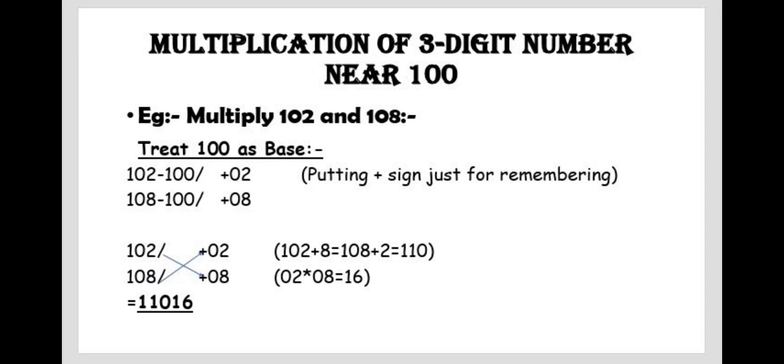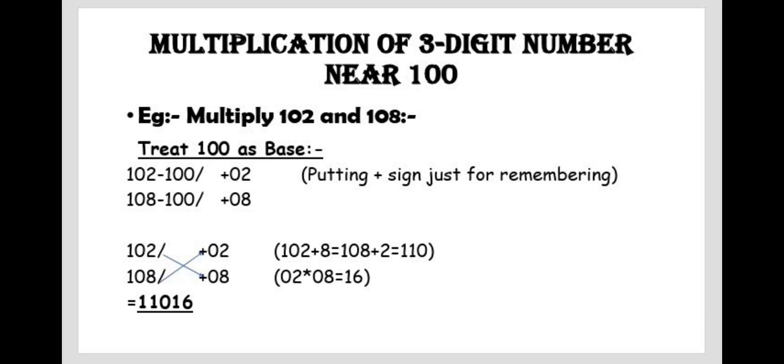When we do 102 plus 8, we get 110. And similarly, when we do 108 plus 2, we again get 110. So both equations give the same answer, that is 110.